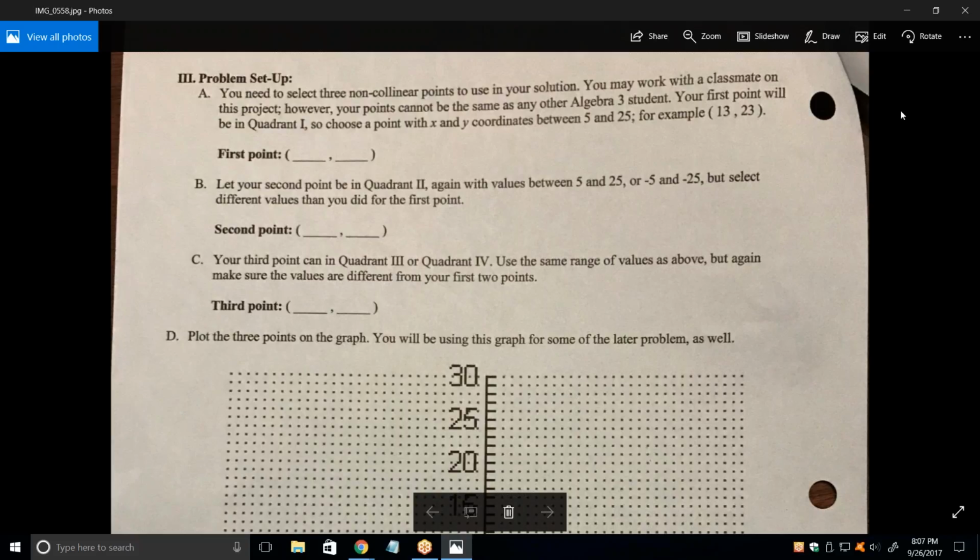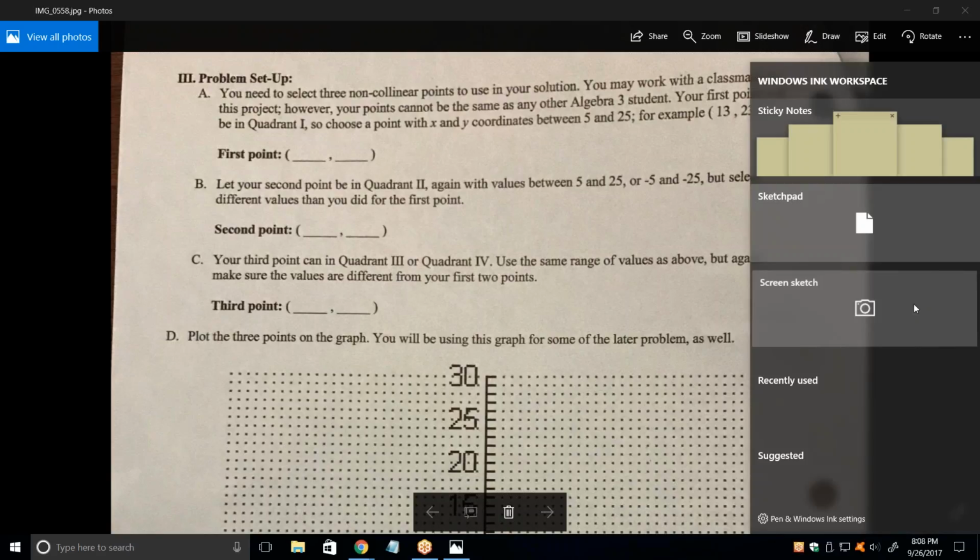You need to select 3 non-collinear points to use in your solution. Non-collinear means they're not in a straight line. You work with a classmate, however, your points cannot be the same as any other Algebra 3 student. Your first point will be in quadrant 1, so choose a point with x and y coordinates between 5 and 25.